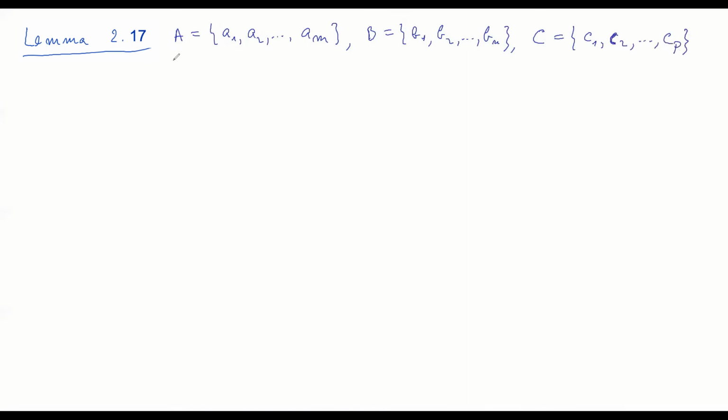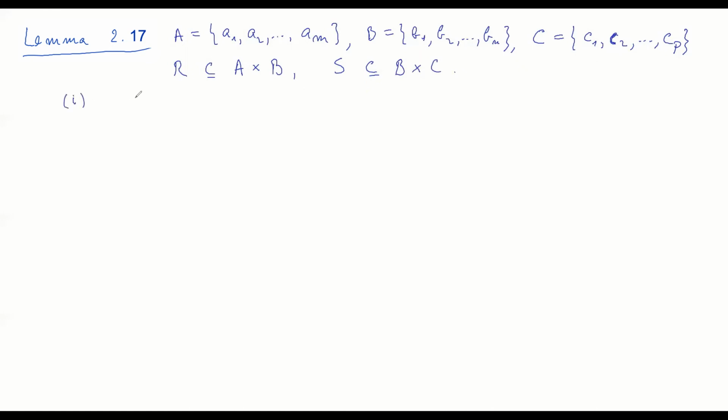And I'm going to have relation R over A and B, and relation S over B and C. So with this setup, there are two results I want to formulate here.